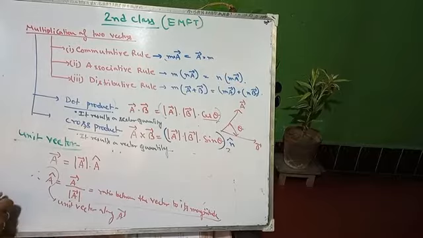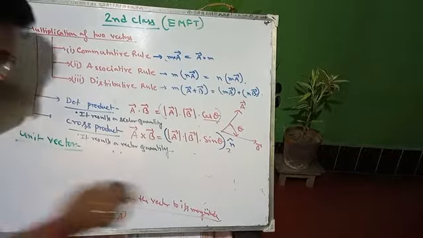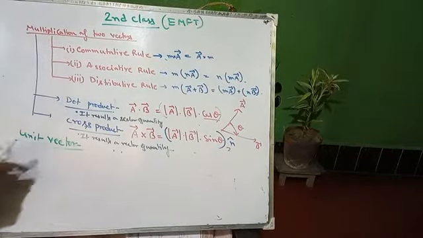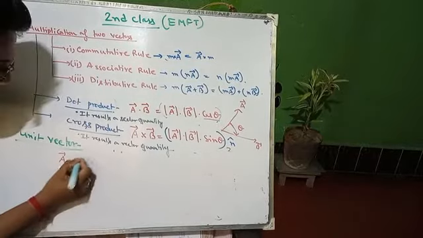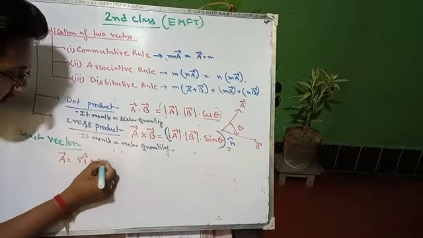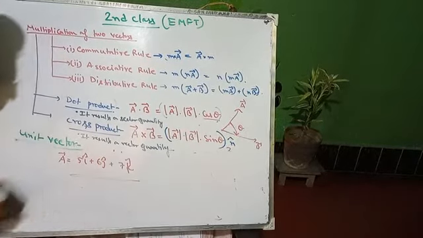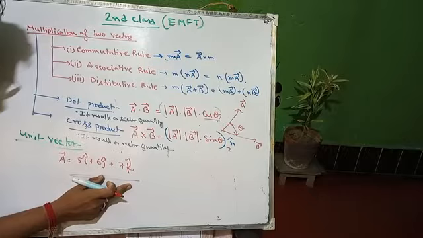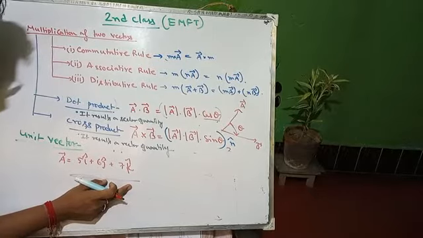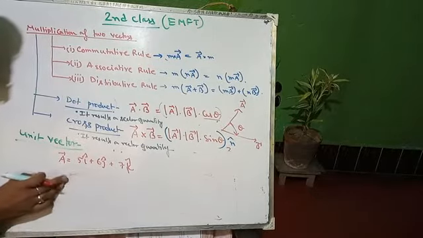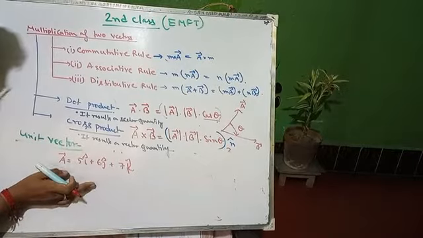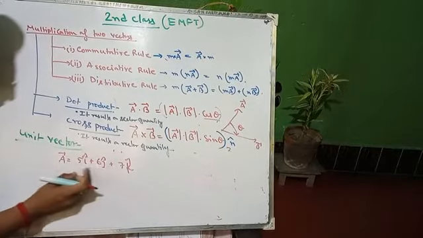Suppose we consider vector A equals 5 i cap plus 6 j cap plus 7 k cap. What do you mean by this statement? This is a vector representation, right? In your 11th or 12th standard, I think you can easily understand this concept. Any vector can be represented by i cap, j cap, k cap.